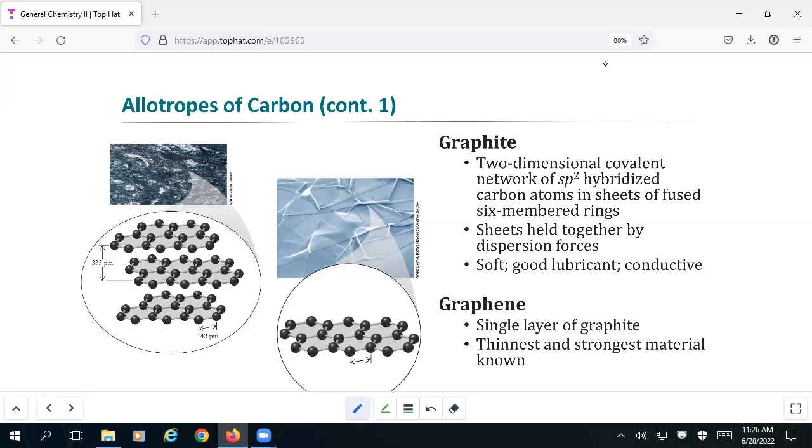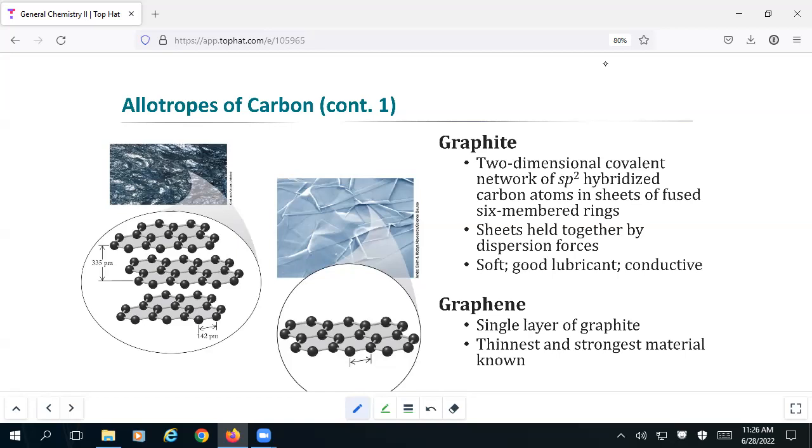In graphite, it's still a network of carbons, but instead of this tetrahedral configuration, each carbon is bonded to 3 other carbons, and we make these series of sheets of all of these different planar rings. And those planar rings are loosely associated with each other, to the point where they're held together by London dispersion forces.